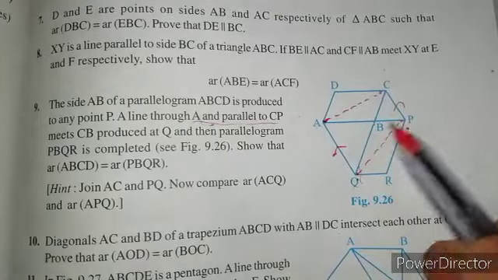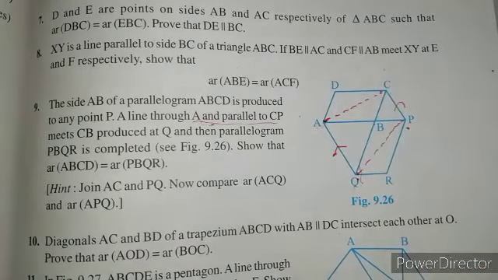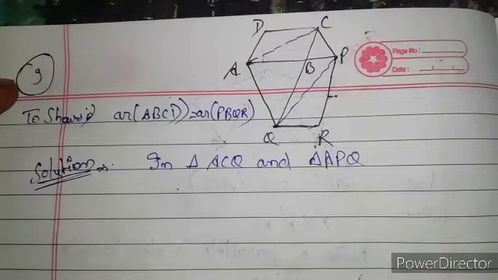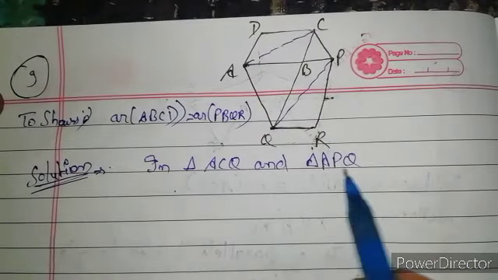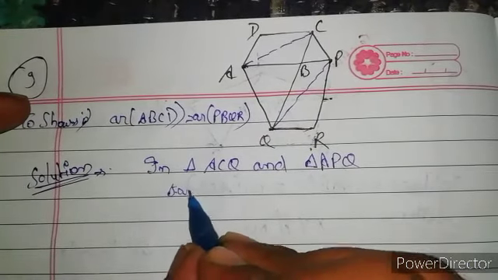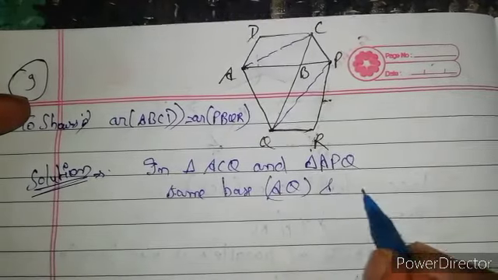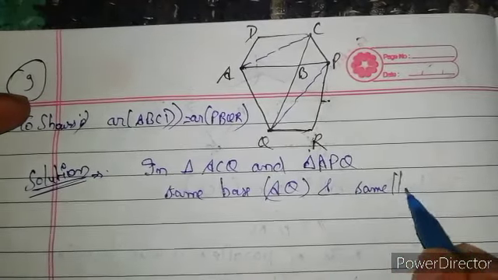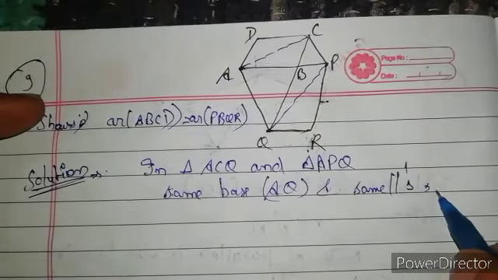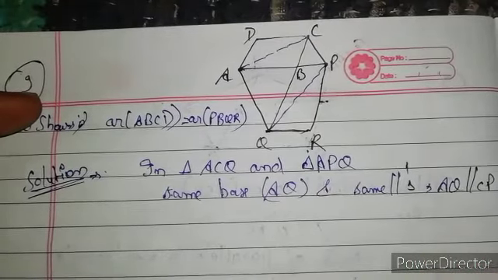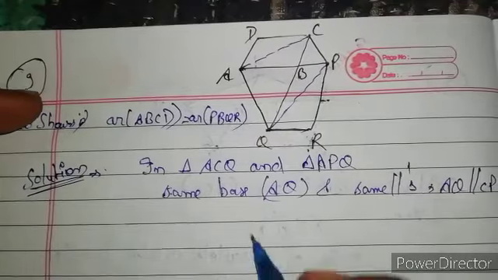So their areas are equal. Let us solve this question. So this is the figure, and we have to compare these two triangles. They have the same base, that is AQ, and same parallels, that is AQ is parallel to CP. It is given in the question.